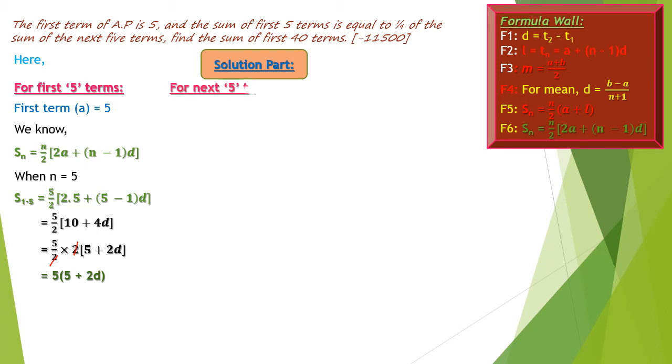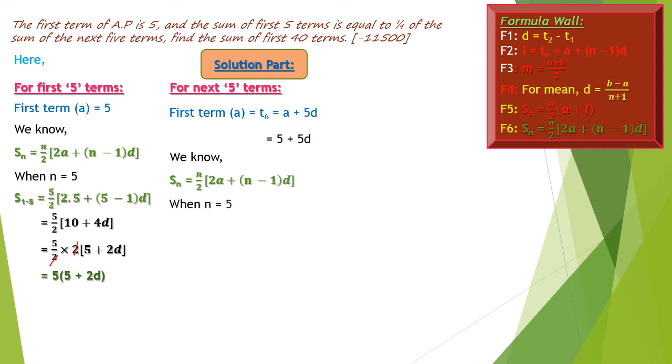For the next 5 terms, the value of n will be 5. The first term a will be T6, and T6 is a plus 5d, and we can replace the value of a, that is 5 plus 5d. Now we use the same formula, where n is 5, for 6 to 10: 2a, where a is 5 plus 5d. You can see a is 5 plus 5d, it's not 5.